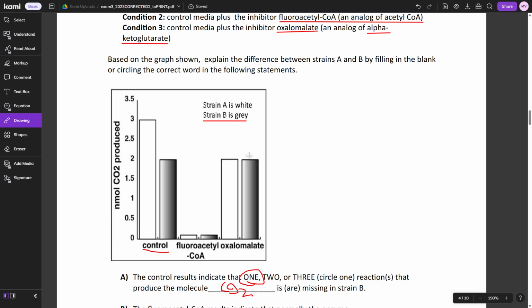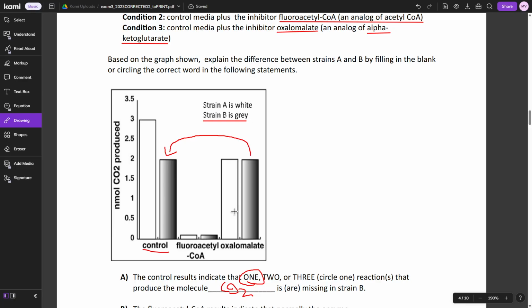The thing is that this level is the exact same as this level, which means there is no difference in CO2 production between the control version of strain B and this inhibited version. So that suggests that the enzyme that is missing or broken is alpha-ketoglutarate dehydrogenase, because the level of CO2 produced in the same strain, whether it's inhibited or not, is the same.